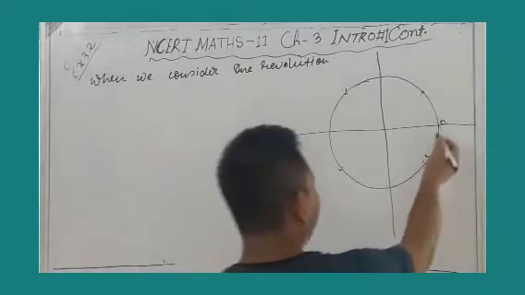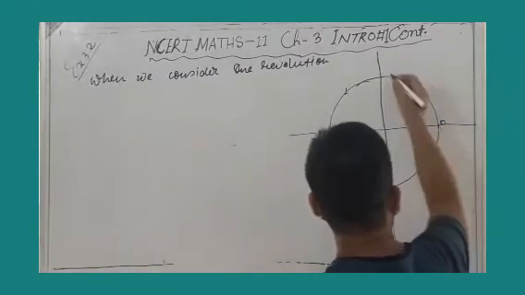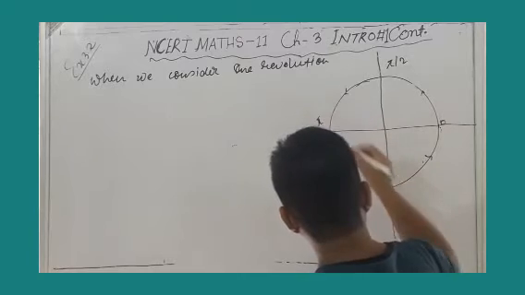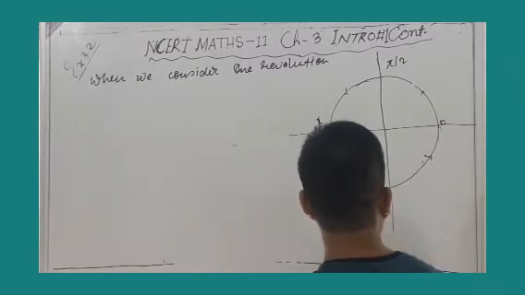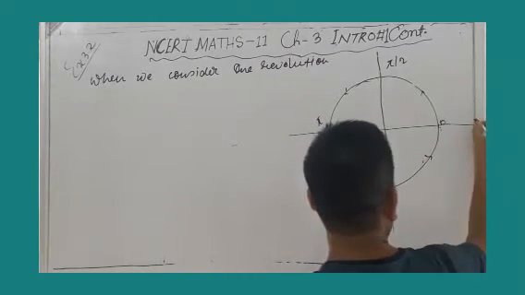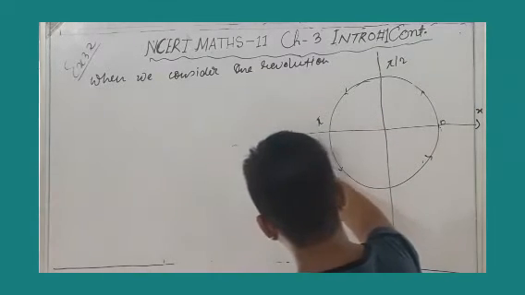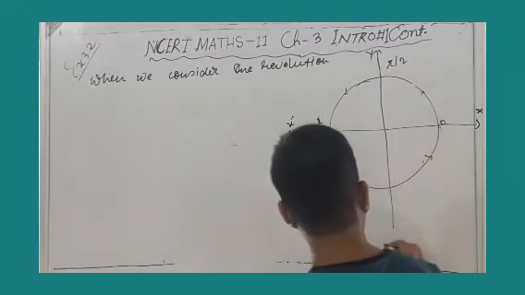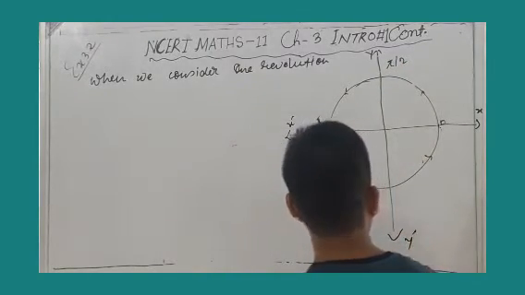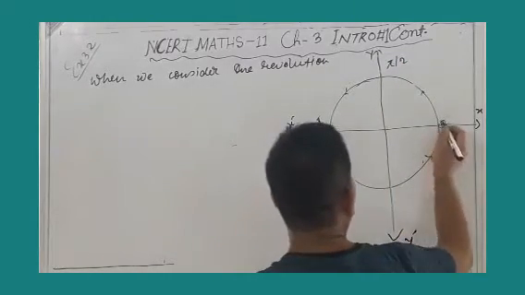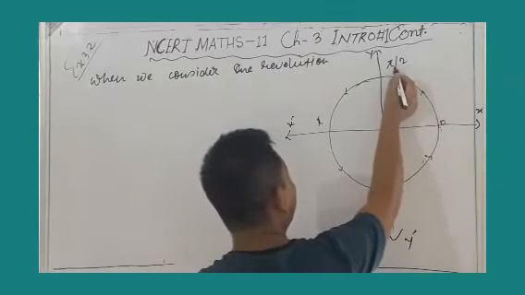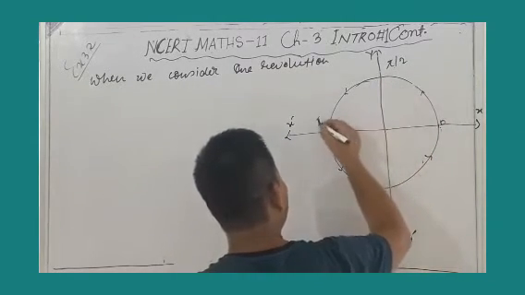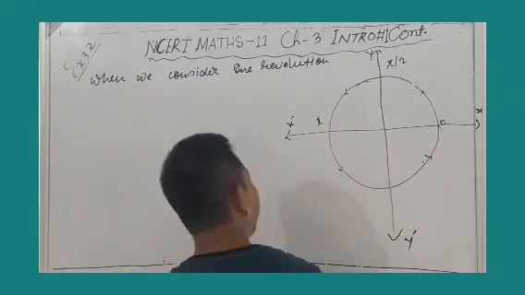Starting from 0, this is pi by 2, and this is pi. Starting from 0, it becomes maximum at pi by 2, and then it is decreasing, so it reaches the point that is pi.